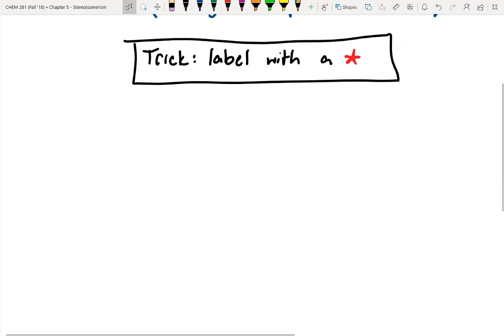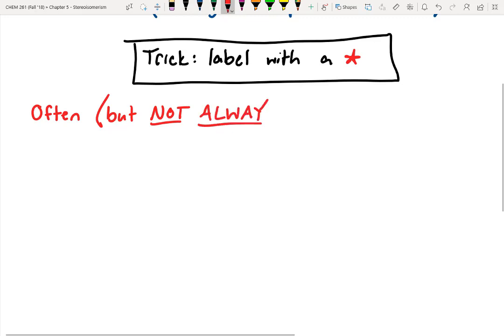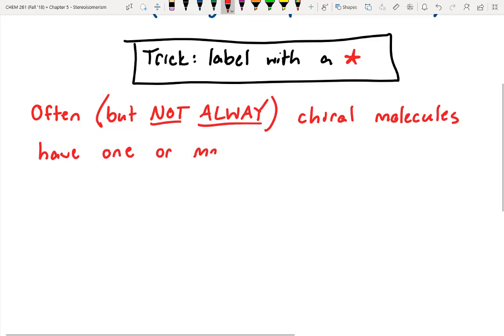All right, and I'm going to make an important note. Often, but not always, welcome to chemistry, there's a million exceptions to everything, chiral molecules have one or more stereocenters.